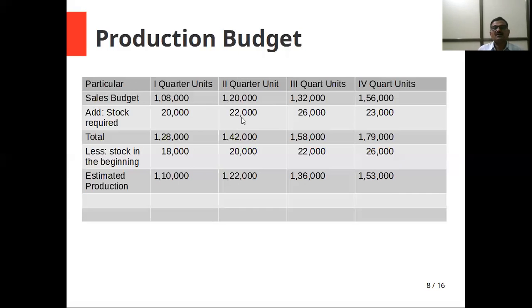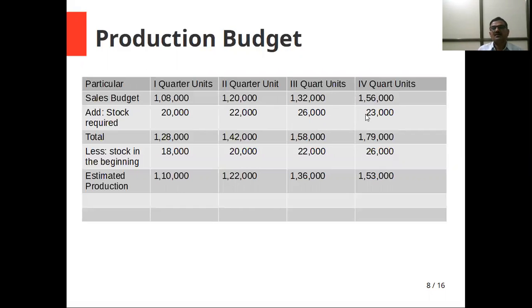Then for the second quarter, there is a figure of 1,32,000. We have to calculate 1/6 of it. 1,32,000 into 1/6 equals 22,000. Then 1,56,000 into 1/6 will be 26,000.